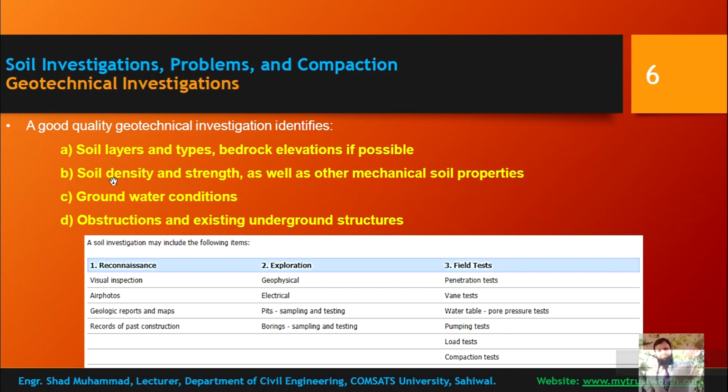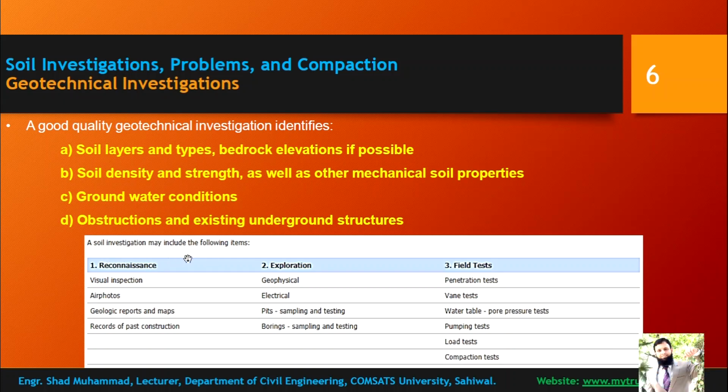You have discussed and studied them in detail in soil mechanics 1 and soil mechanics 2. Then groundwater condition, what is the depth of the groundwater and how much it is in quantity, and aquifers and miscellaneous items regarding groundwater conditions. Obstructions and existing underground structures: if there are anomalies underground, then they are investigated.